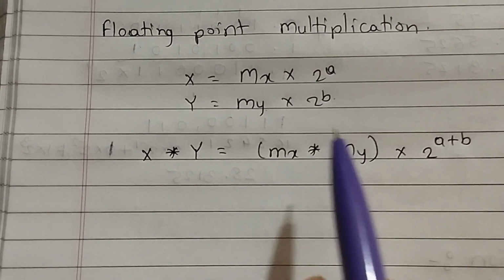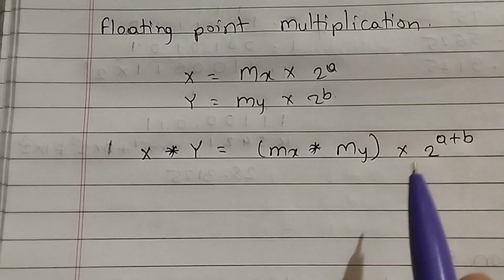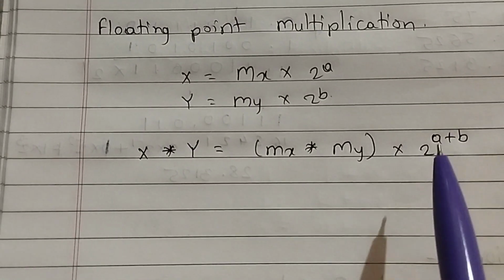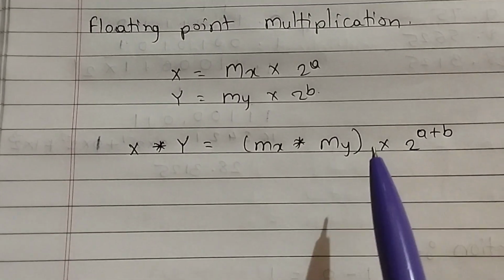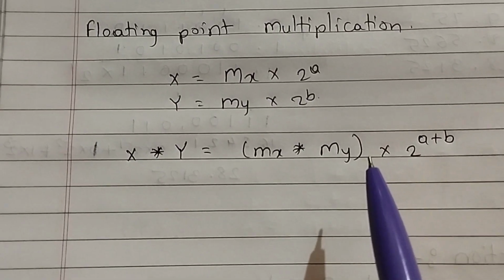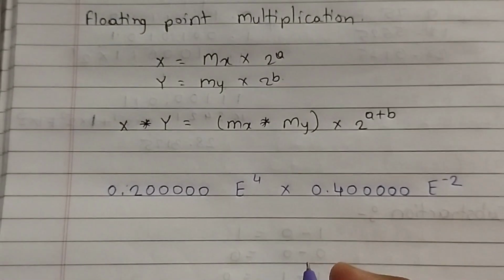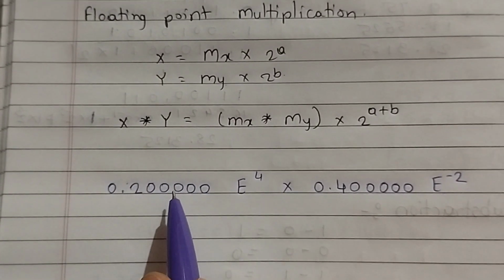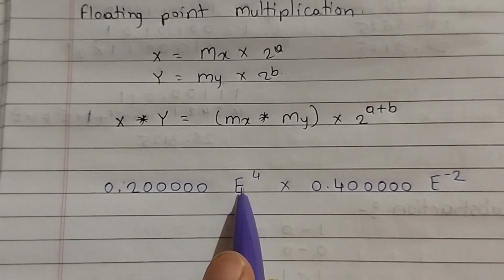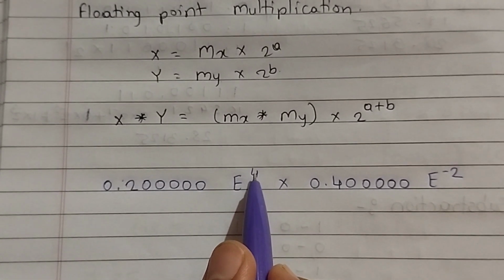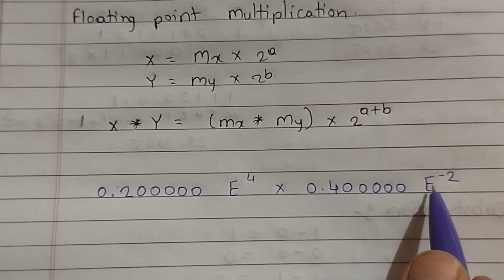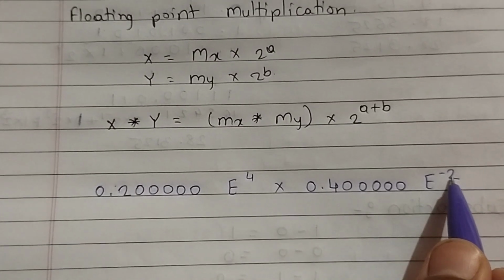That means multiply the mantissas and add the exponents of both values. Let's see with the help of an example. In this example the numeric value is the mantissa, e is the base, and 4 is the exponent. Same here: this is the mantissa, this is the base, and this is the exponent.